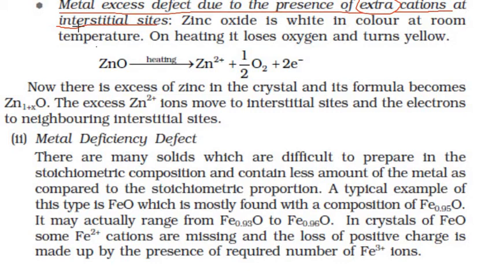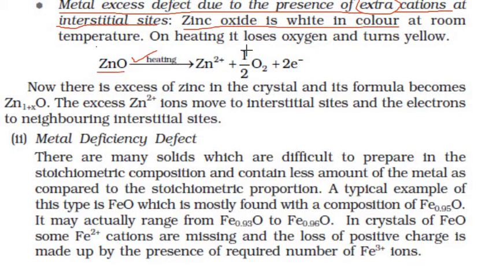So here the example is zinc oxide, ZnO. Zinc oxide is actually a white compound. We have it in our lab. When you heat it, you are giving thermal energy to the zinc.